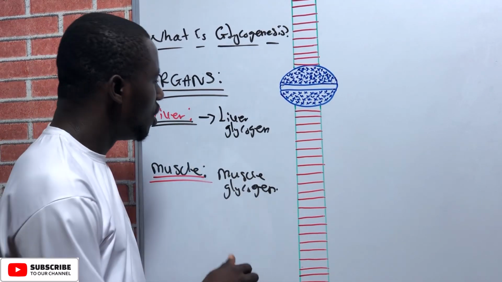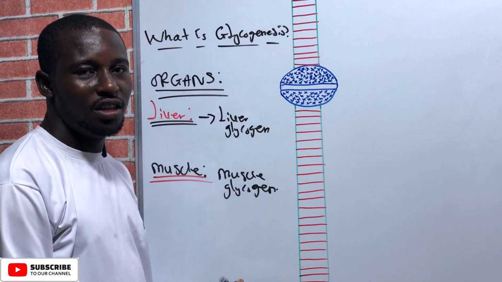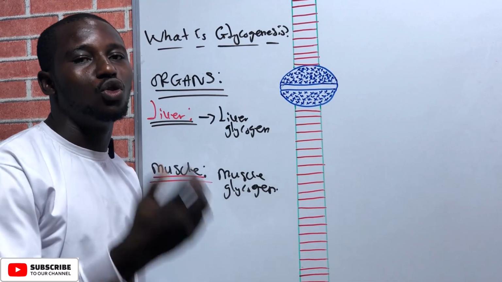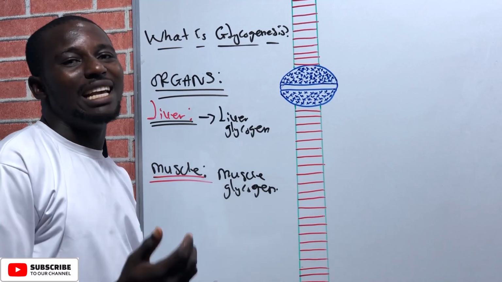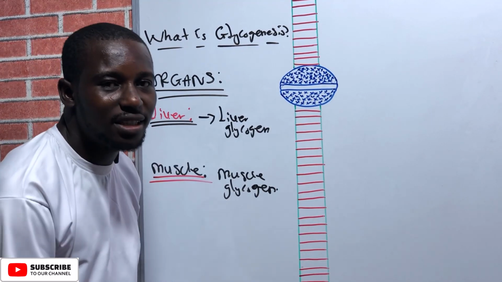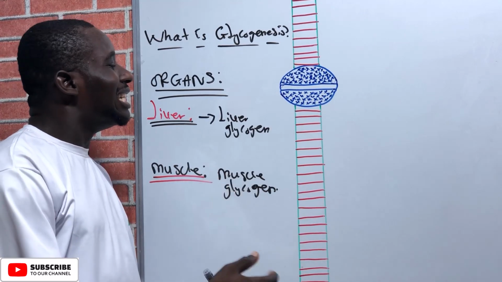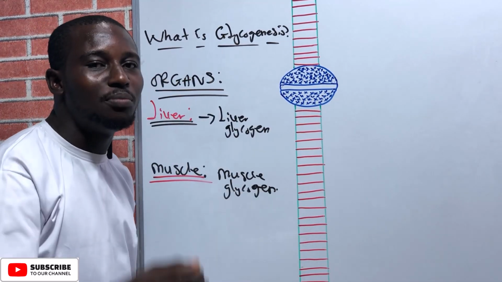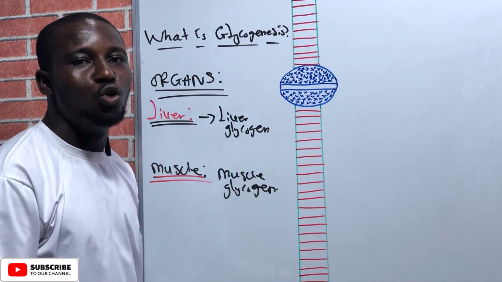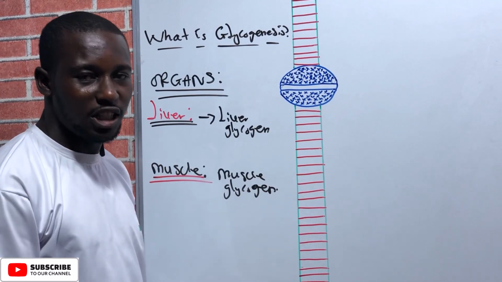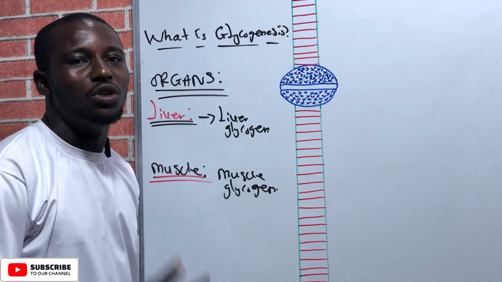Important to note, the liver glycogen tends to replenish the blood glucose level. That is why the liver is the only organ that replenishes the blood glucose level, because the glucose that is produced during glycogenolysis to give you energy during starvation state is essential to replenish the blood glucose level.